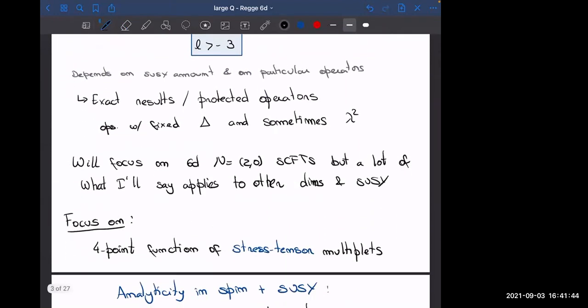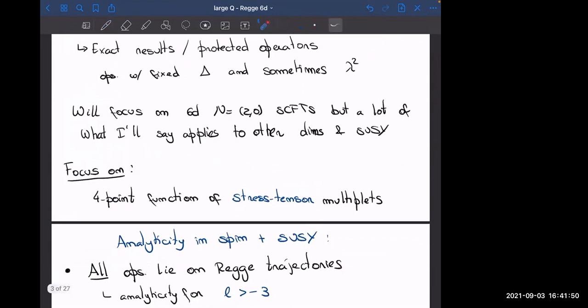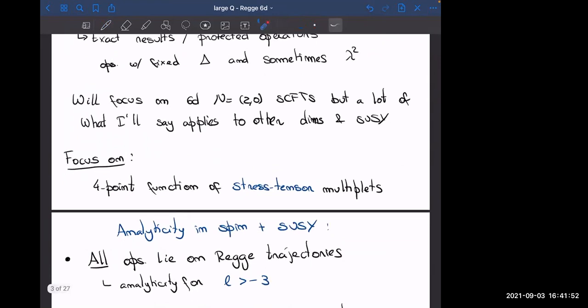So what I will focus on in this talk is the 4-point function of stress tensor multiplets in this n equals 2,0 SCFT. Stress tensor multiplets because they're the most universal, they're the thing I'm guaranteed to have there in any local theory. And thanks to supersymmetry, I will get away by studying scalar correlators because they are related by supersymmetry to the stress tensor.